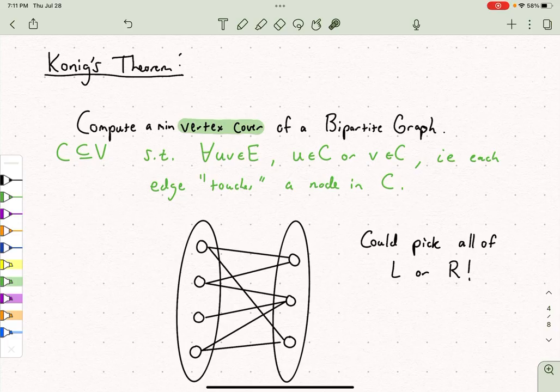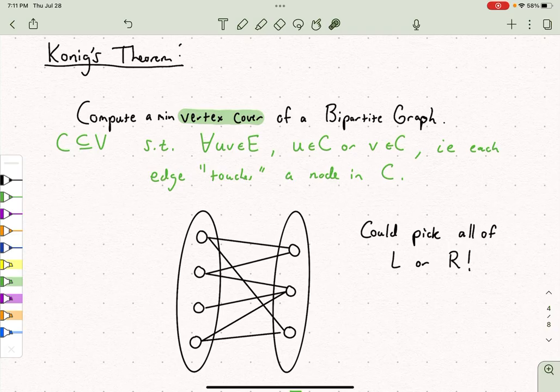So just to remind you, a vertex cover is a subset of the vertices so that every single edge has one of its endpoints in C. So in other words, each edge touches one of the nodes in our set C. So in particular for a bipartite graph, one really obvious vertex cover is just pick everything in the left side.